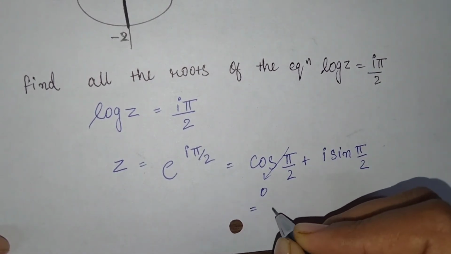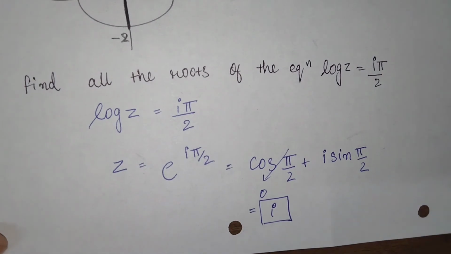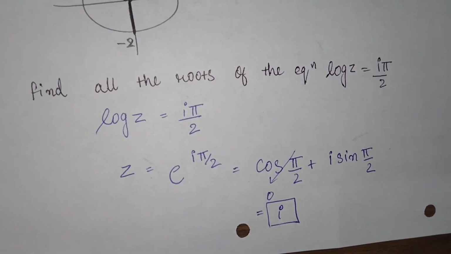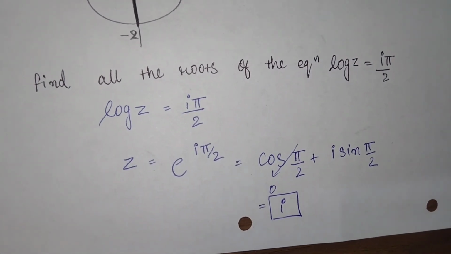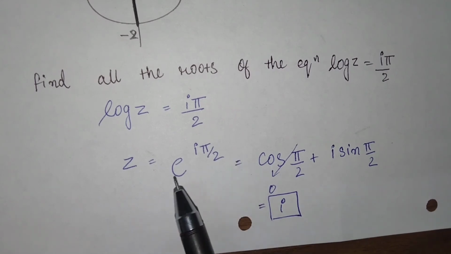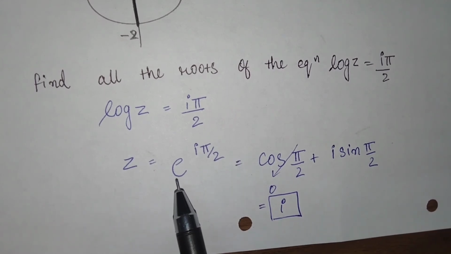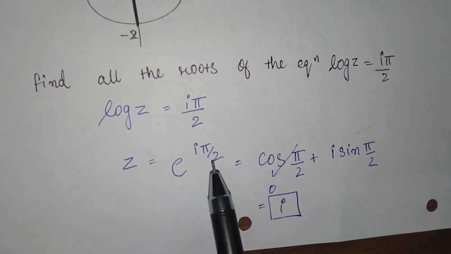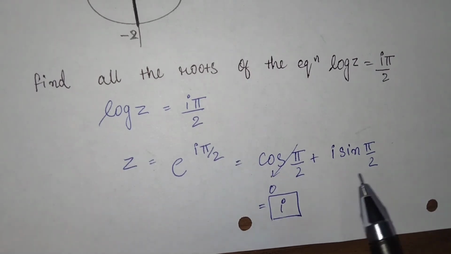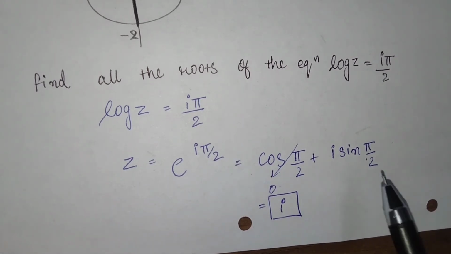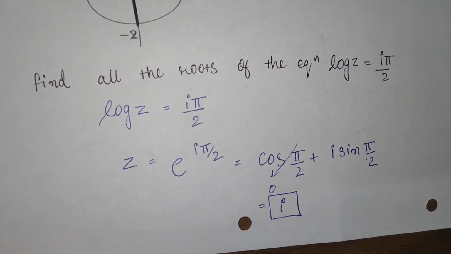So the answer of this question is I. So you can easily find the roots directly through this formula, z equal to e raised to I theta, which is cos theta plus I sin theta. This term becomes 0, so the root will be I.